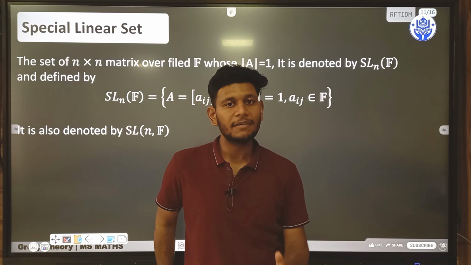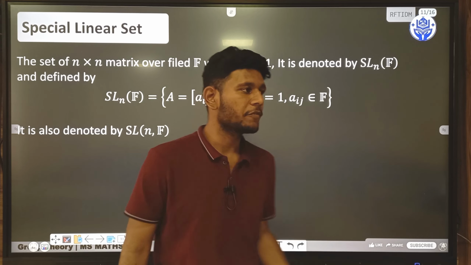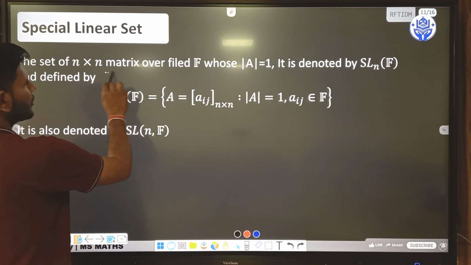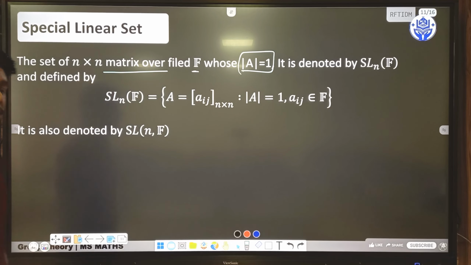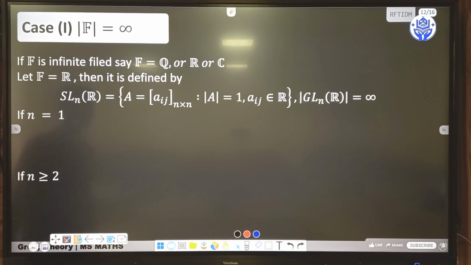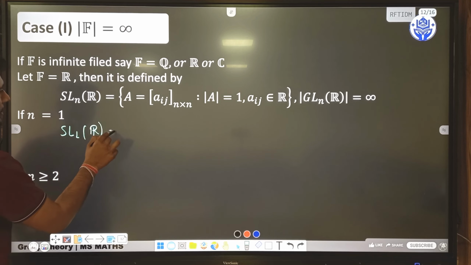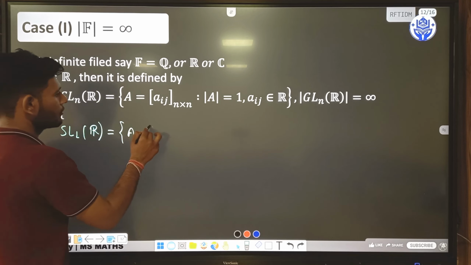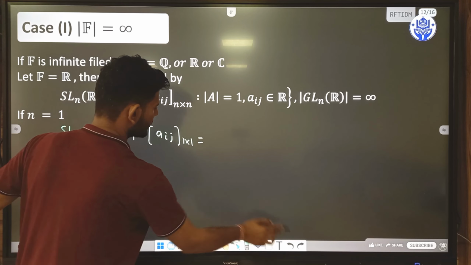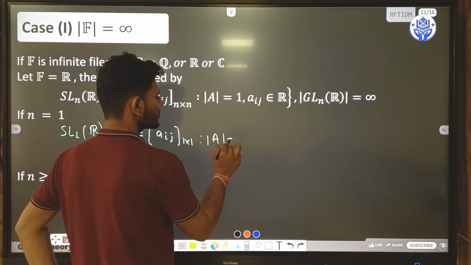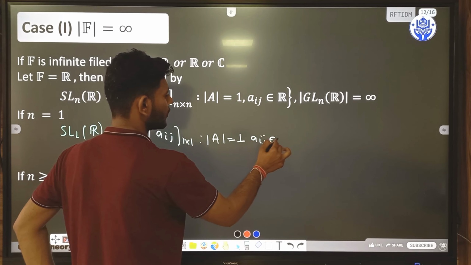Now if I say the determinant is 1, then that is the special linear group, meaning n cross n matrices over the field F whose determinant is 1 only. That is the case. Now we'll denote it by SLn. In this case, if you define like this, it will look like SL1 over R. The cardinality like this: A is equal to Aij, 1 cross 1, whose determinant is 1 and Aij from the real numbers.